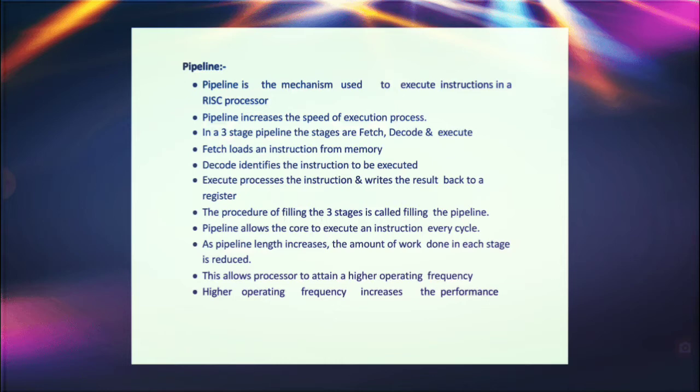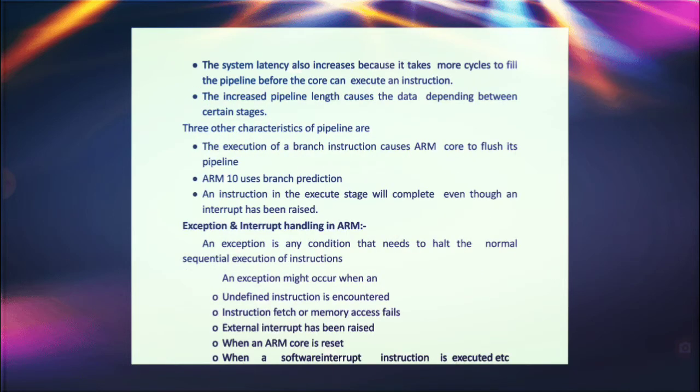As pipeline length increases, the amount of work done in each stage is reduced. This allows the user to attain a higher operating frequency. Higher operating frequency increases the performance of the processor.